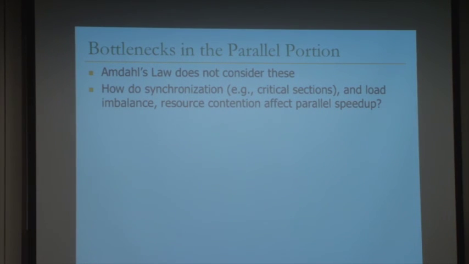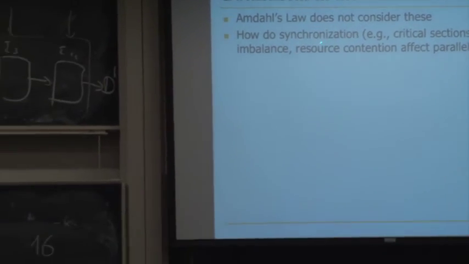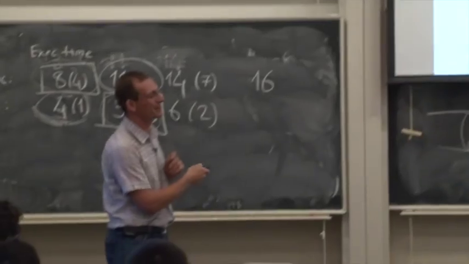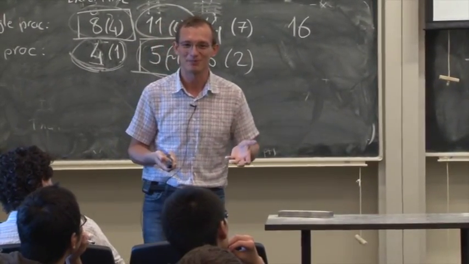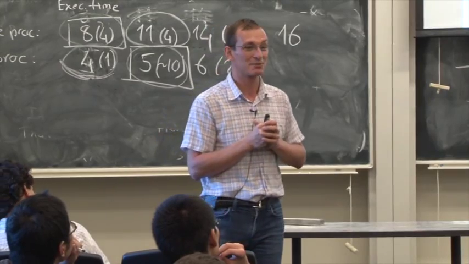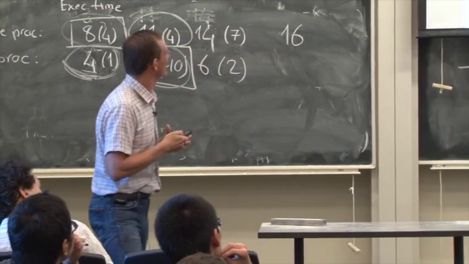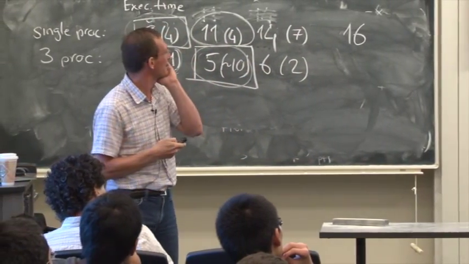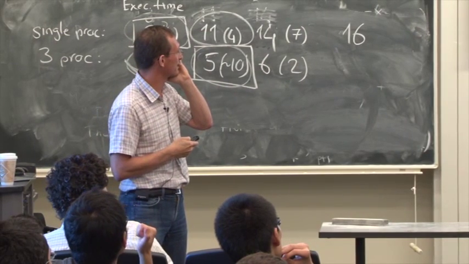And you could actually quantify this for a lot of programs. But what about the parallel portion? How do synchronization, load imbalance, and resource contention actually affect parallel speedup? We don't have an intuitive model at this point. Can we develop an intuitive model to reason about these? And I think this is a very interesting research topic.